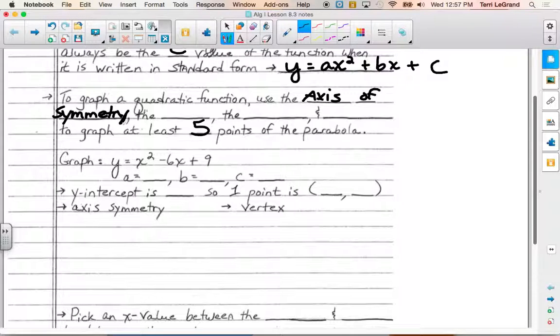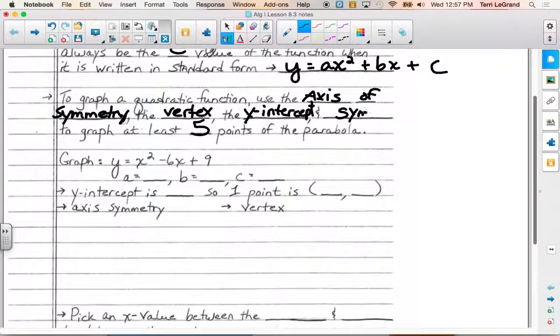The axis of symmetry helps lead us to the vertex, so we'll find the vertex. We'll use that y-intercept that we now know we can get by just looking at the c value. And not the x-intercepts, but symmetry.